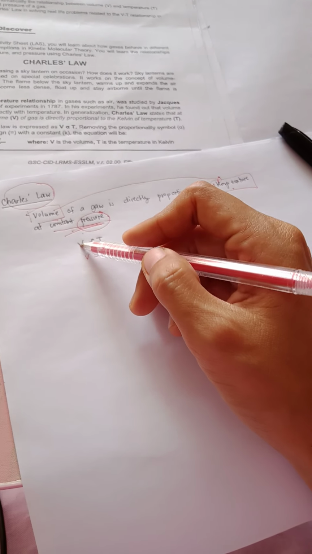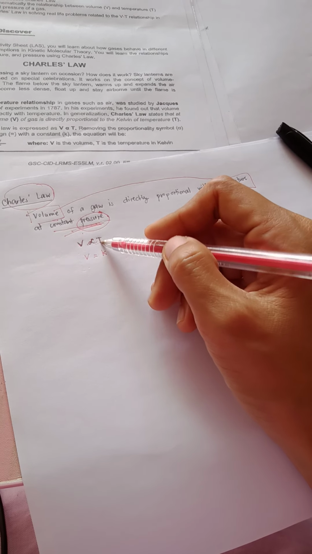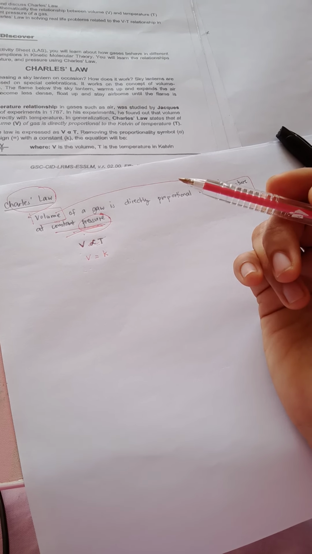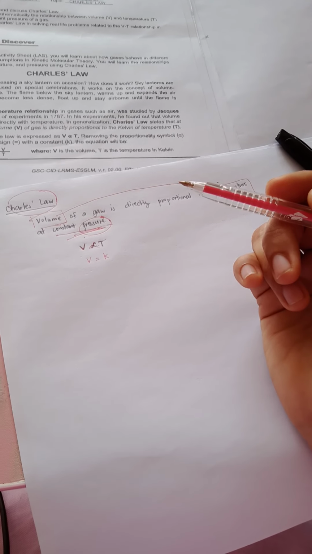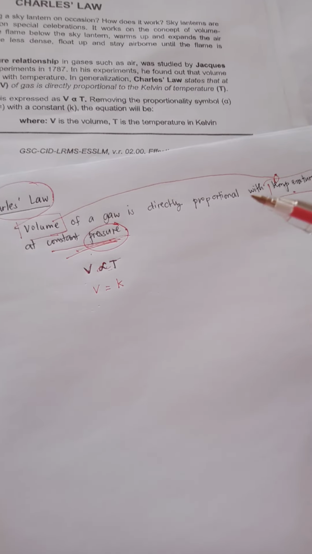The representation of that is V is directly proportional with temperature. So, again, we are going to be acquainted with two types of relationships of variables. Meron tayong directly proportional and meron tayong inversely proportional.